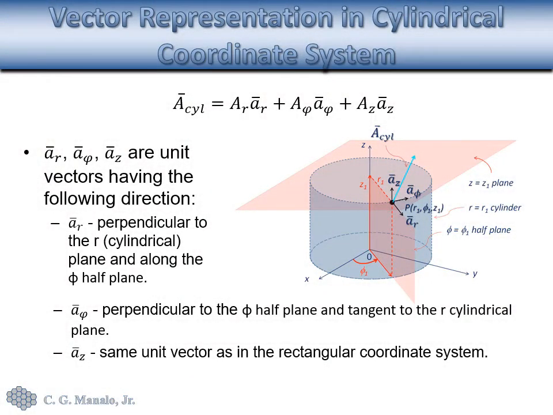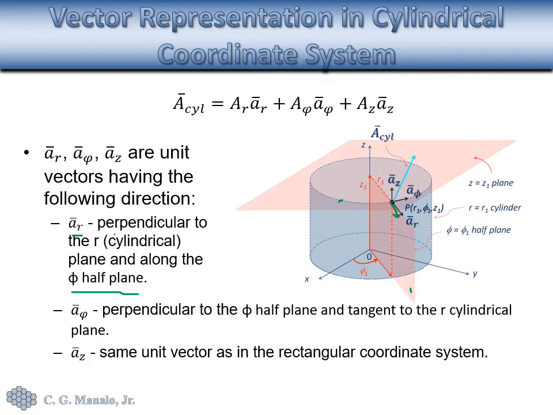The unit vectors have the following directions. So a sub r is always perpendicular to the cylindrical plane and lies along the phi half plane. So this one is always perpendicular to this cylinder and lies on this plane.